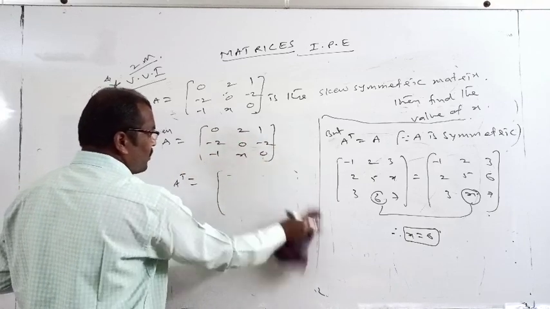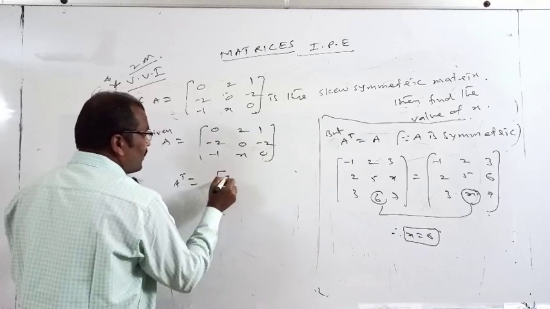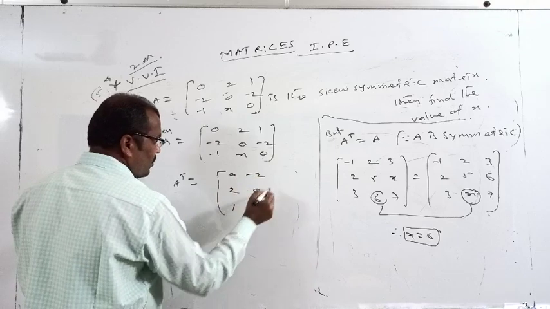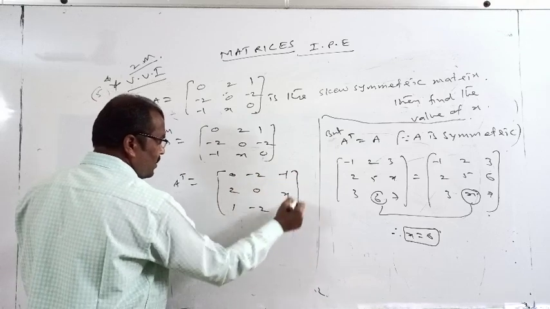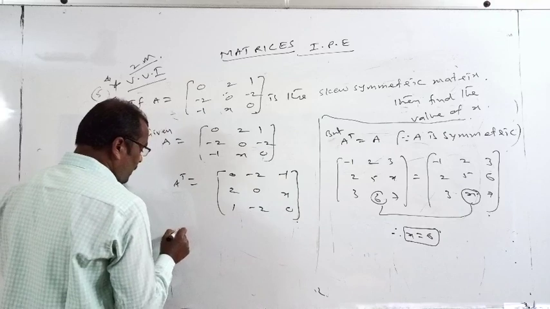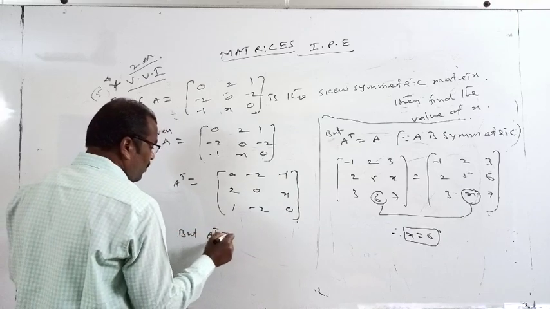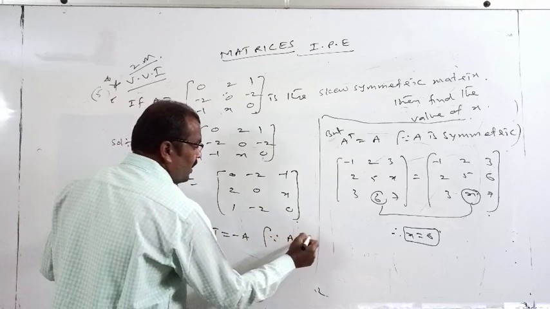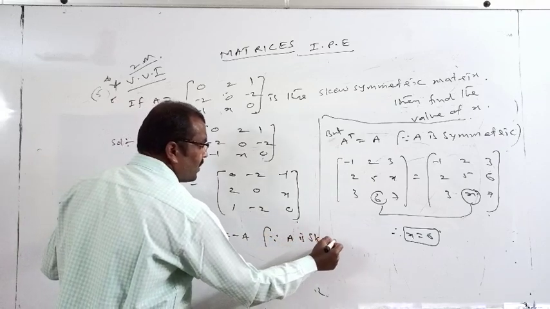See the A transpose. But A transpose is equal to minus A. So given A is skew symmetric matrix.